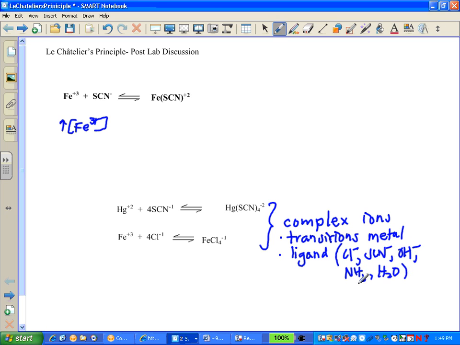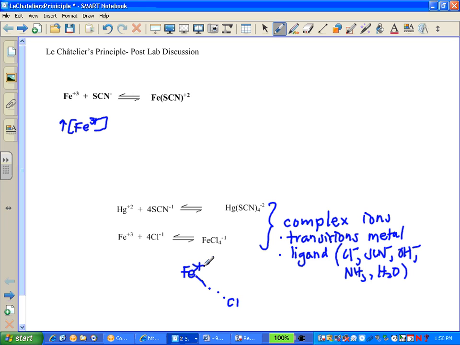Now, a complex ion is a new concept right now, and the way that it looks in solution, if you've got this iron tetrachloride complex ion, essentially what you have is the transition metal in the center, and it keeps its charge, and then the ligands are attached.